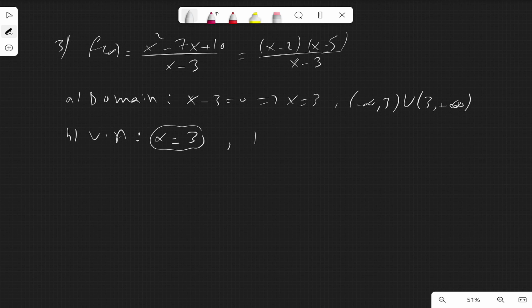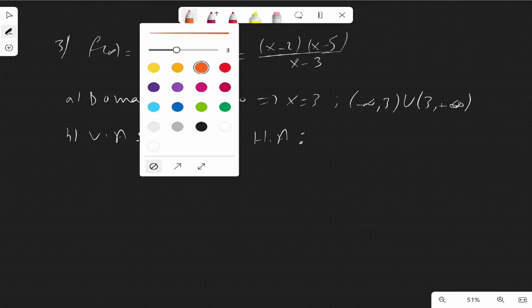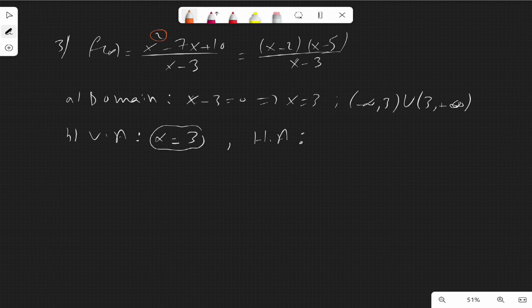Horizontal asymptote: degree up is 2 and degree down is 1. Degree up greater than degree down, so no horizontal asymptote. Instead, there is what we call an oblique or slant asymptote.